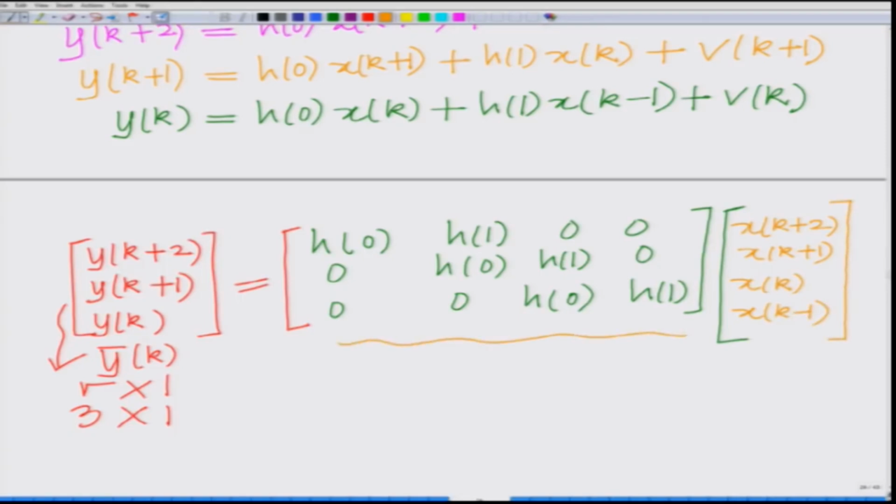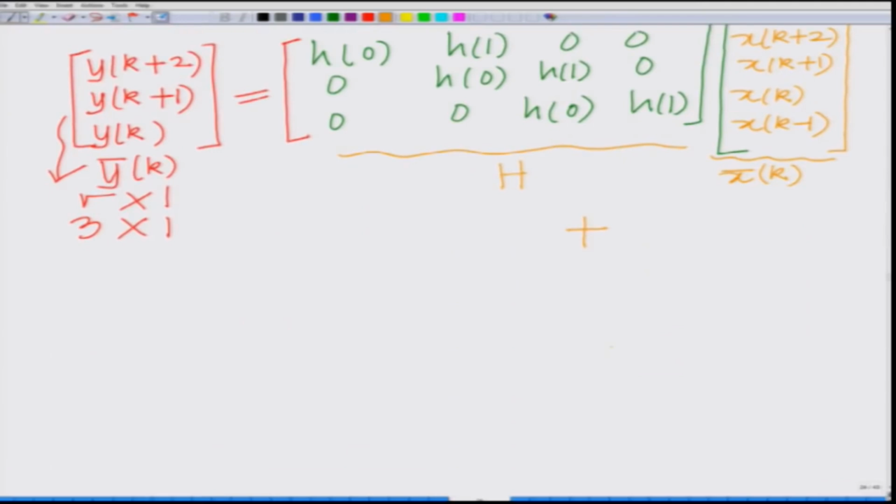Let us call this your matrix H, let us call this your vector x bar k, plus your noise vector. The noise vector is basically vk plus 2, vk plus 1, vk.